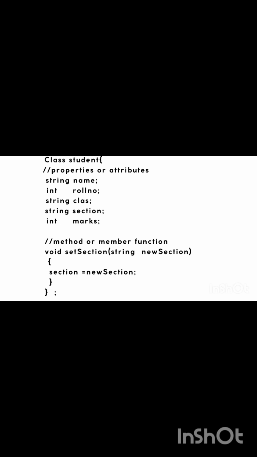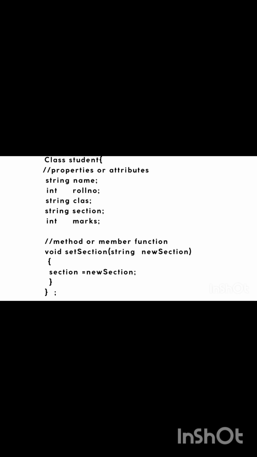Apart from properties or attributes, there can be some methods associated with a student. For example, student section may need to be updated or changed. These functions are called member functions.